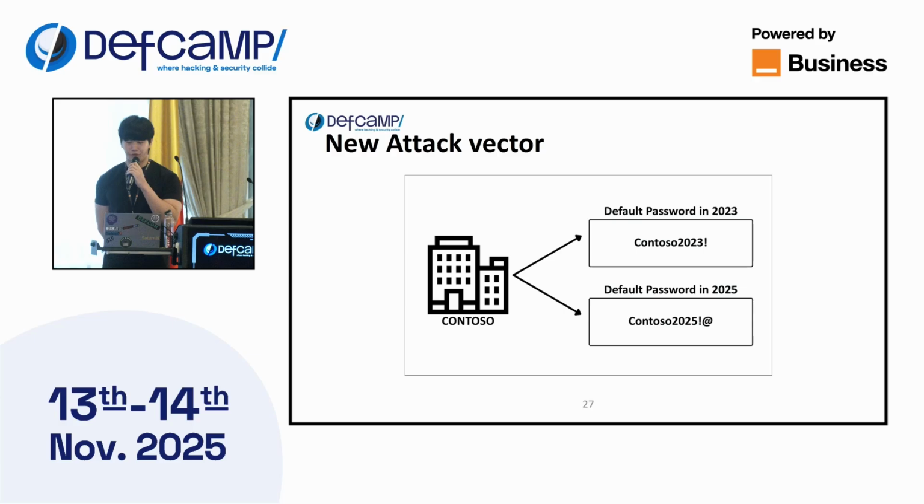For example, if you've cracked a ticket from a disabled account and obtained the password contoso2023, you can simply modify the suffix, increment the number to 2024 or 2025, or add special characters. According to the default Windows password policy, failed attempts reset every 30 minutes, making these kinds of attacks quite feasible.